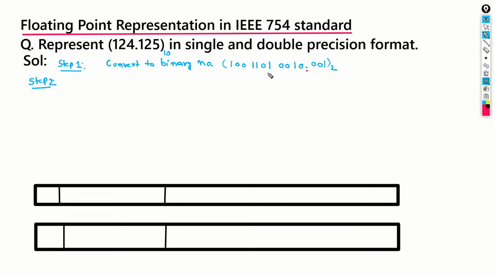So we will shift the decimal point towards the left. So how many digits will we shift the decimal point? 1, 2, 3, 4, 5, 6, 7, 8, 9, 10.